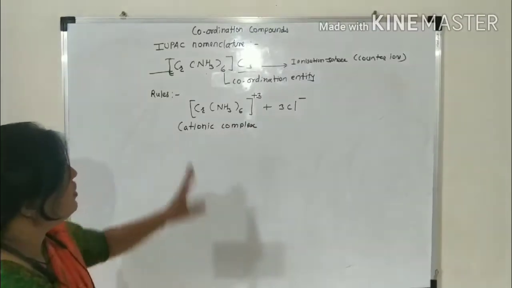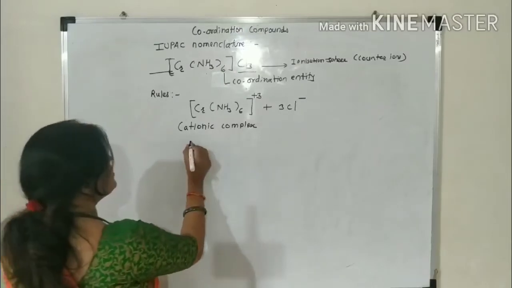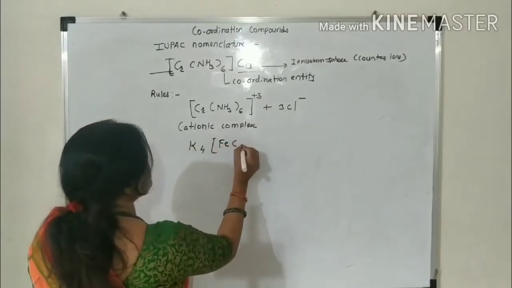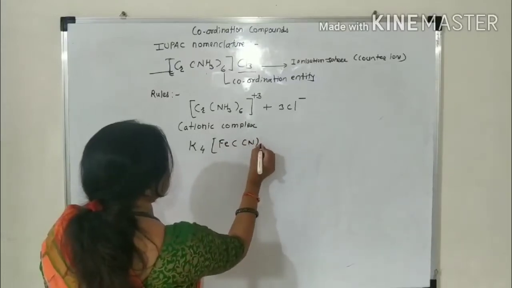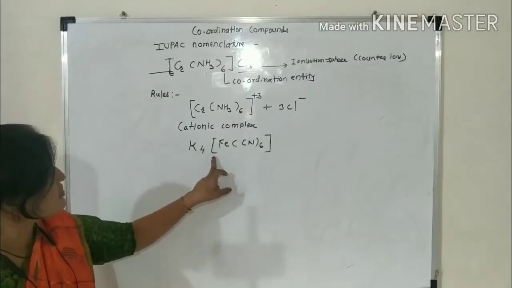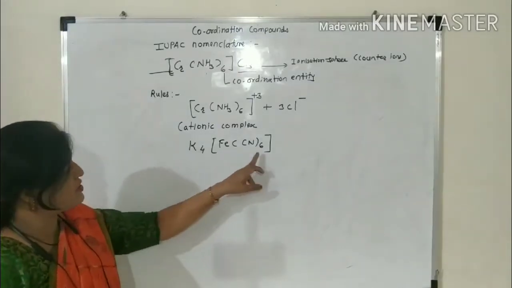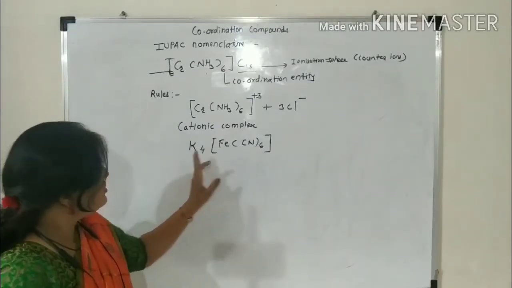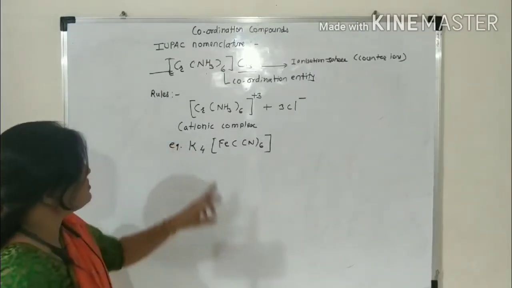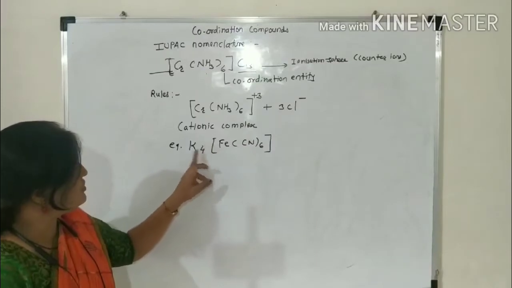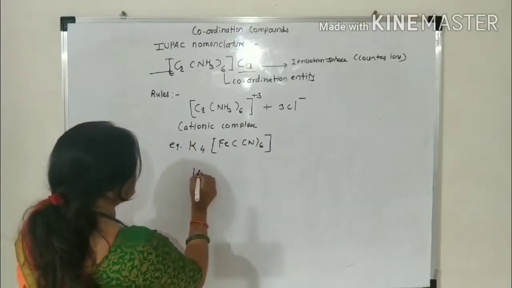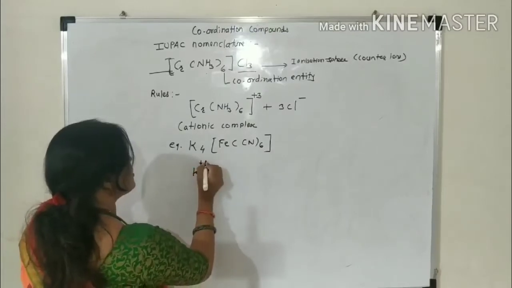Okay. If we take K4 Fe CN6, the entity inside the square bracket is called the coordination entity. This is another coordination complex. The ions present outside the square bracket carry plus 4 charge.